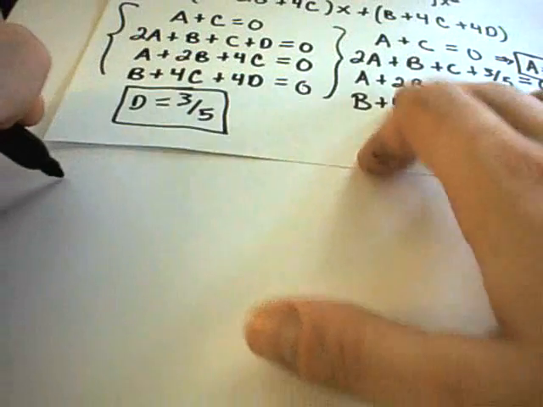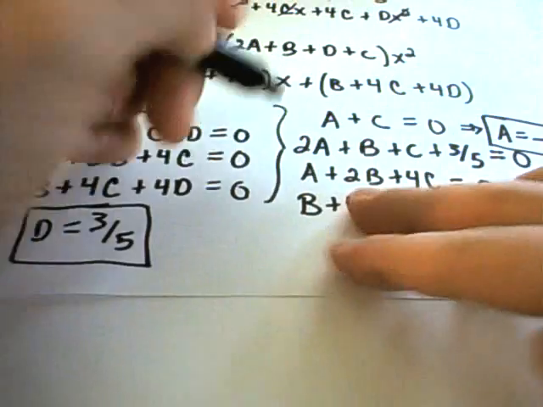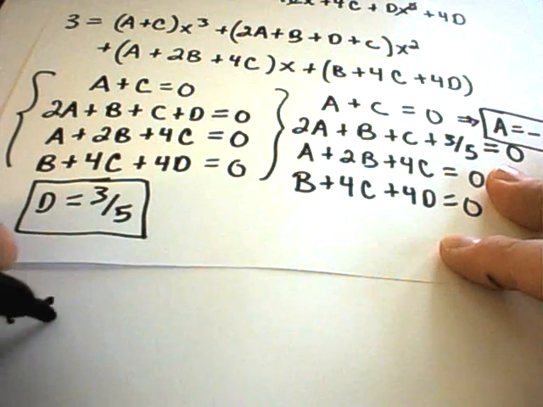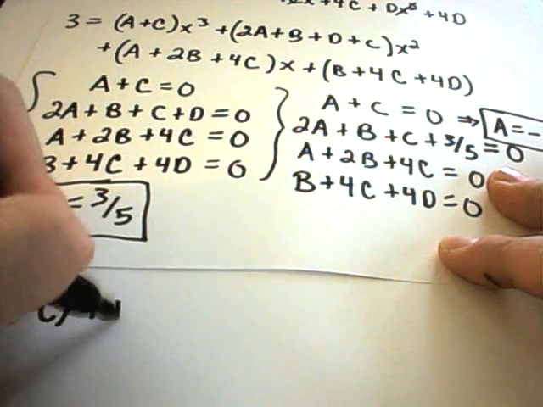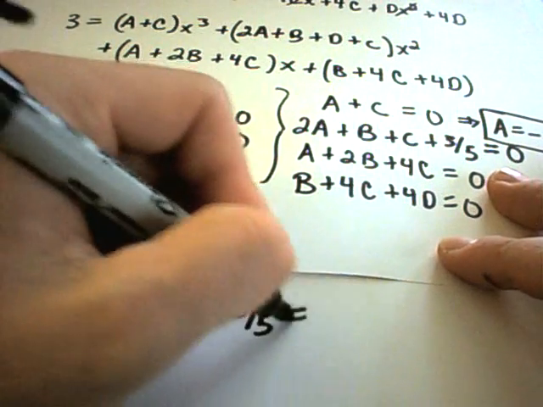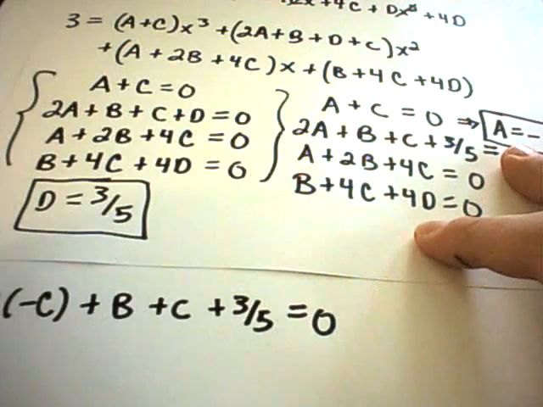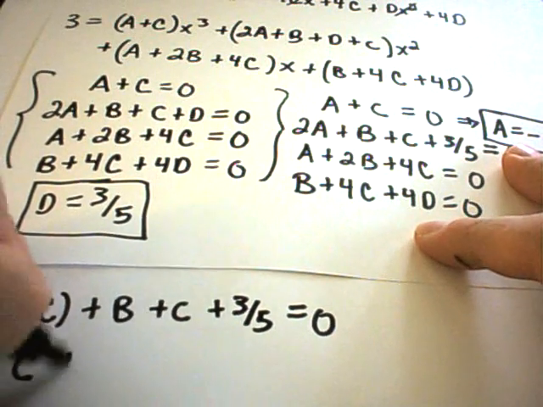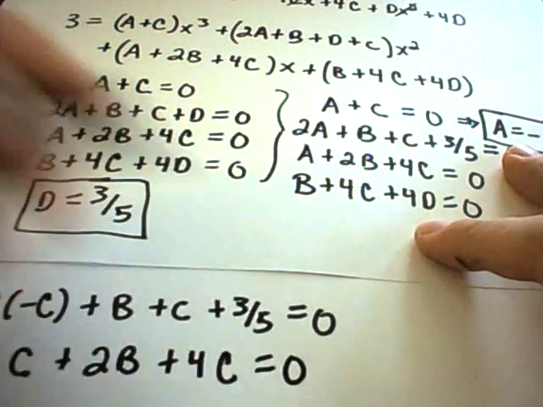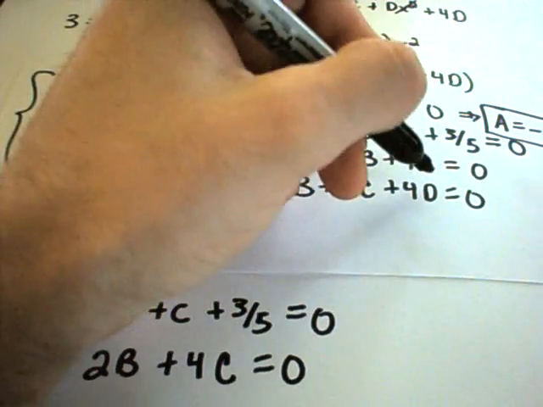So if a is equal to -c, plugging that into my second one, I'll get 2 times -c + b + c + 3/5 = 0. And if I plug it into the third one as well, I'll get -c + 2b + 4c = 0. And I'm not worried about my last one right now. I forgot to plug in my 3/5, but that's okay.